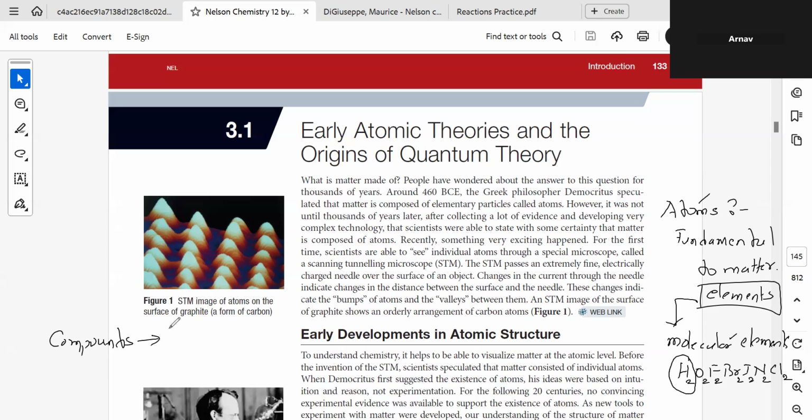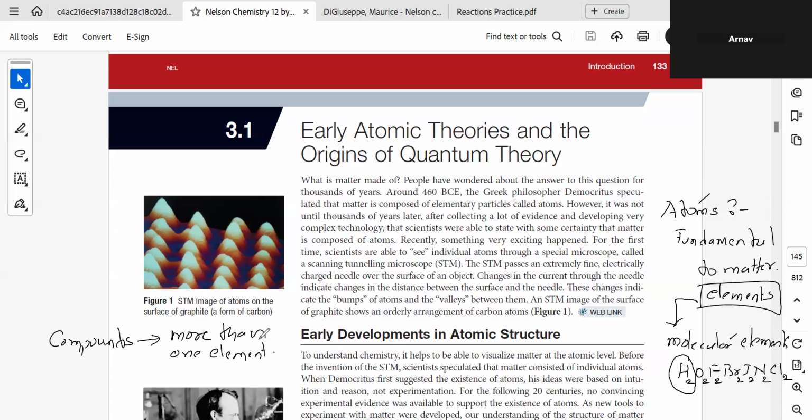Compounds are made up of more than one element. And if you have more than one atom, that is a molecule.